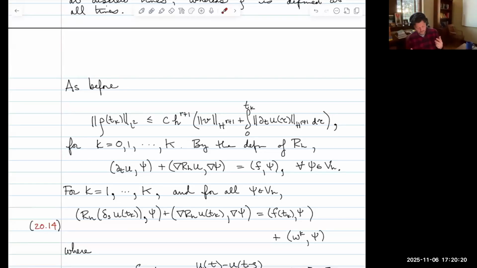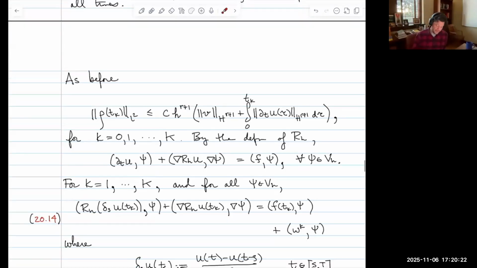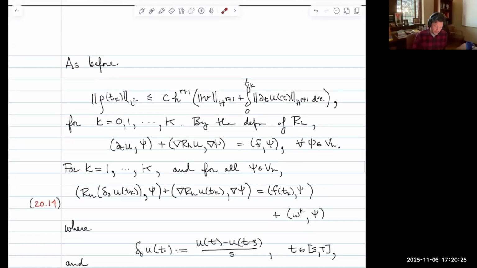So how do I make an equation for theta? Well, I'm going to use some tricks like I used last time. I start with my PDE, the infinite dimensional version, and I restrict the test functions. Instead of on H_0^1, I restrict them to be from the finite element space V_h.